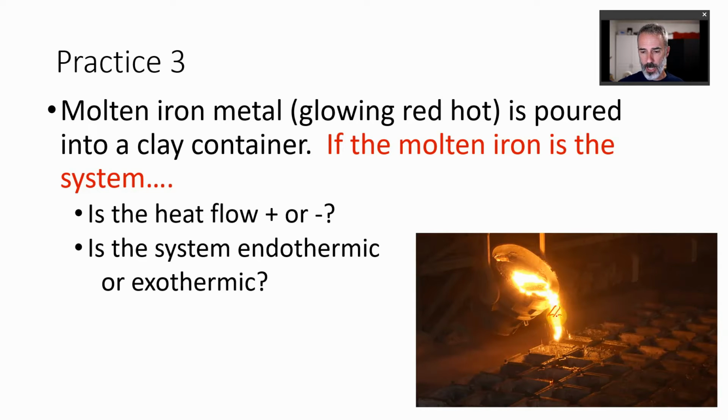It is clearly hotter. The clay pots and everything around it are colder. That includes the air, that includes everything. So the energy is going to flow from the hot to the cold. The system was the molten iron. So therefore, from the molten iron's perspective, heat is leaving. It is exothermic. And because heat is leaving, the sign of Q is negative.